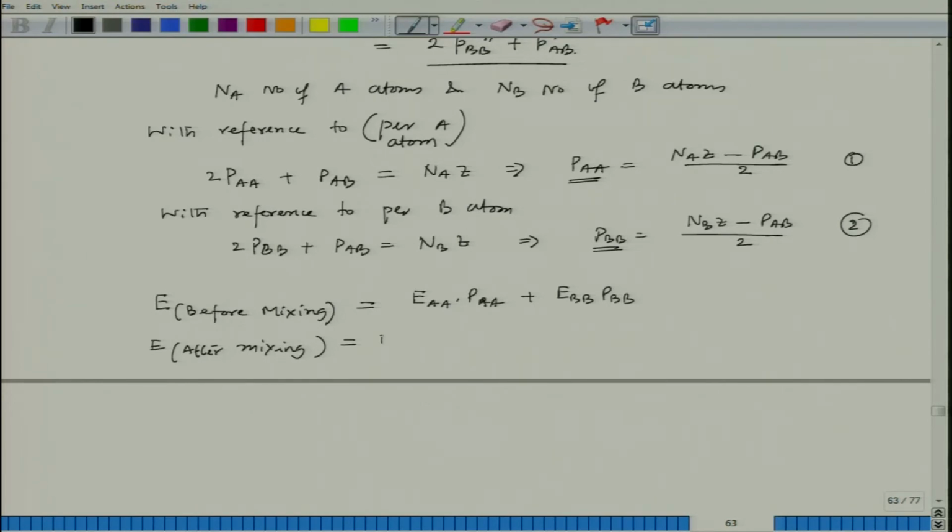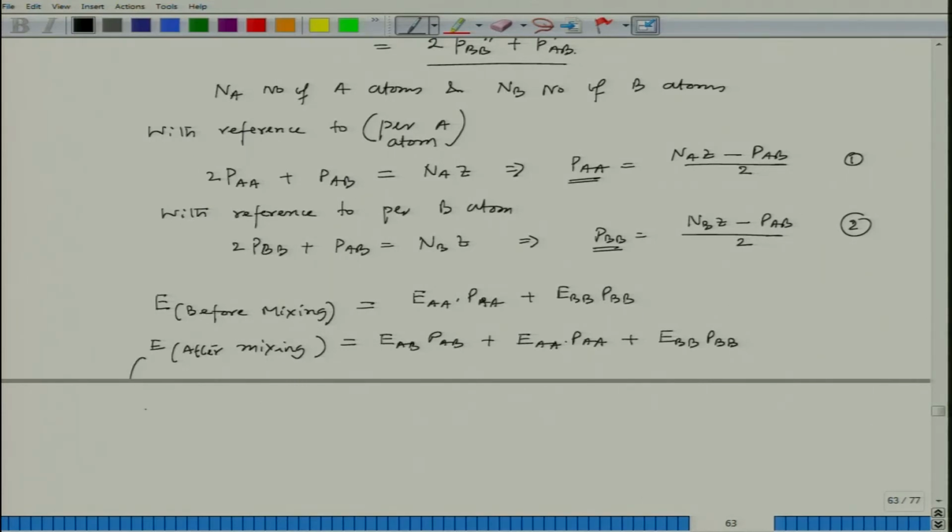So, that time I can write it as EAB PAB plus EAA PAA plus EBB PBB. So, this is the total energy after mixing.